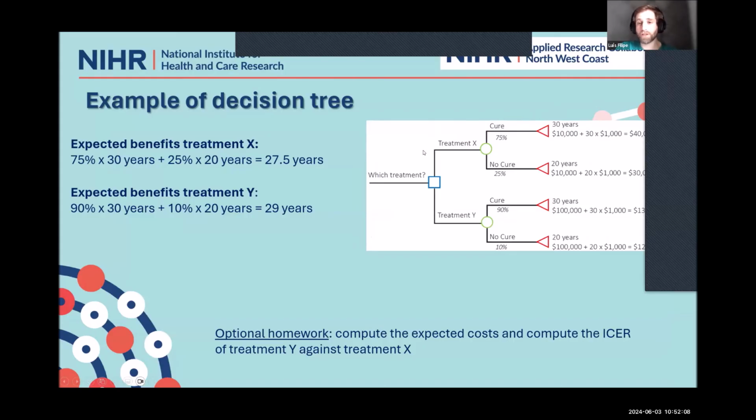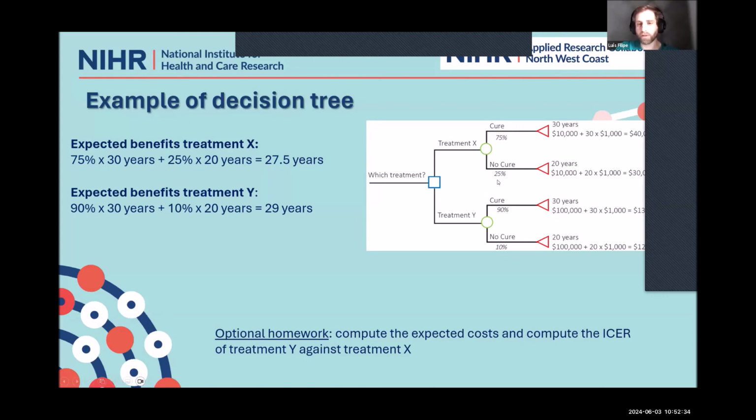But it is just to compute the expected value, which is, you know that with a 75% chance for treatment X, the person will live 30 years. So you literally multiply 75% times 30 years, and that gives you the expected value of that person. And of course, I'm forgetting the second part.